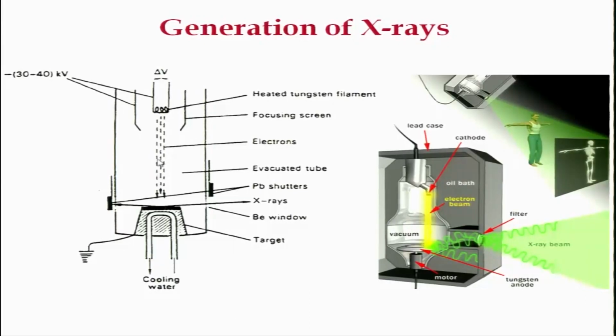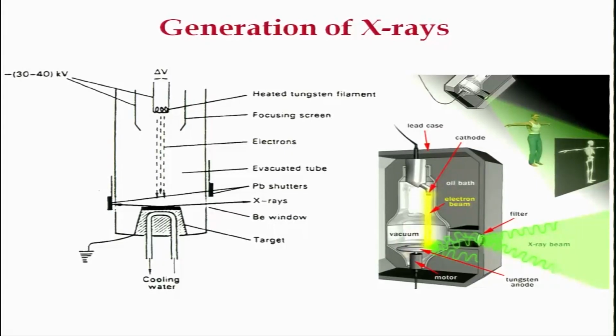The electrons hit the target, and the target generates X-rays at certain angles. Okay, and these X-rays are then taken through windows which are typically made of beryllium to wherever you want to use them. So this is how you produce X-rays.